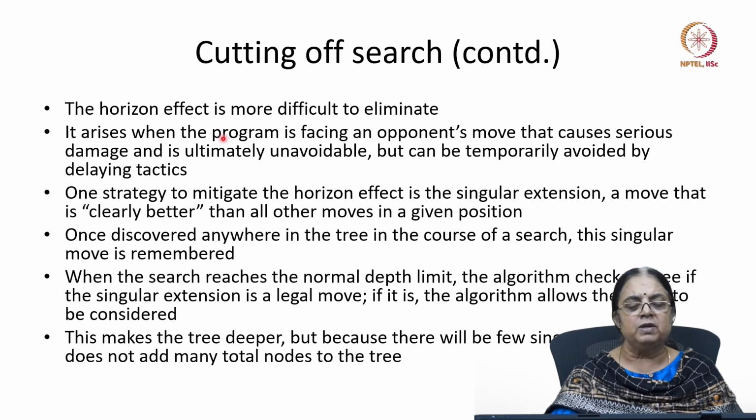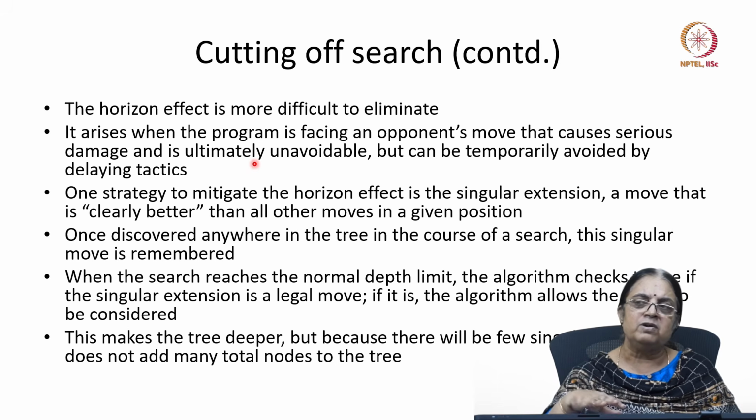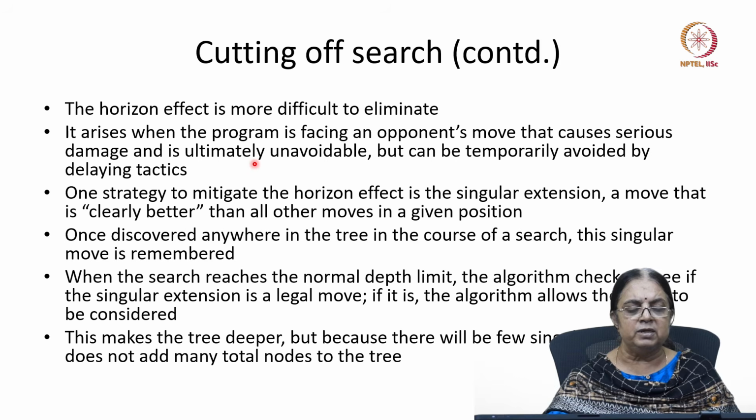That is what you mean by the horizon effect. You use what is called the singular extension. That is a move which is clearly better than all the other moves. You have a number of moves which are possible. You use the best possible move at that particular point in time.